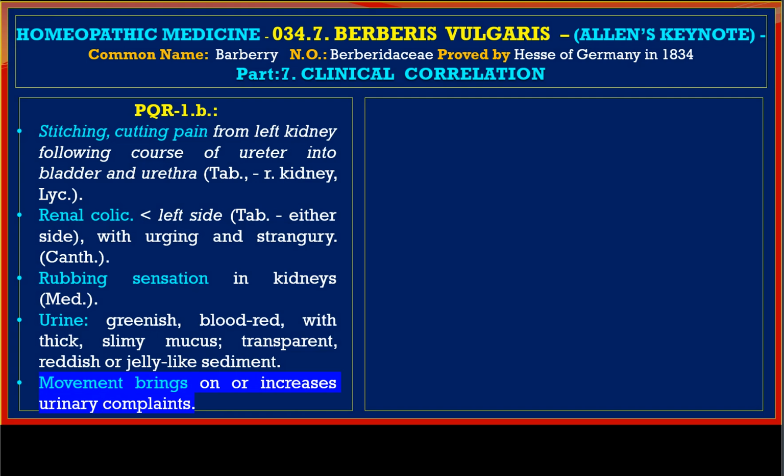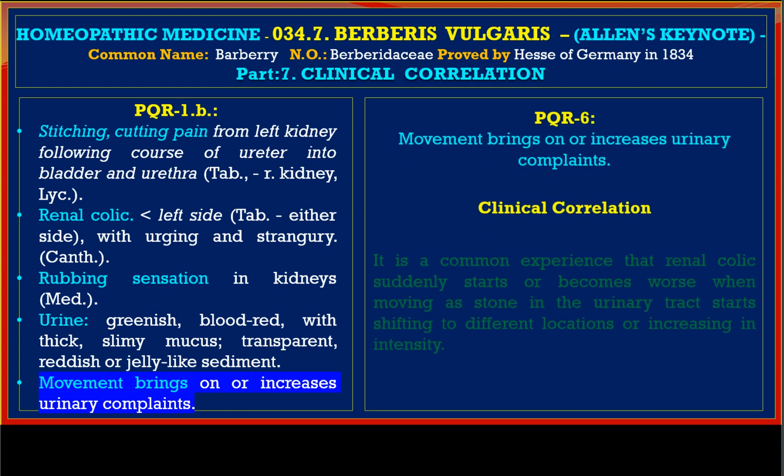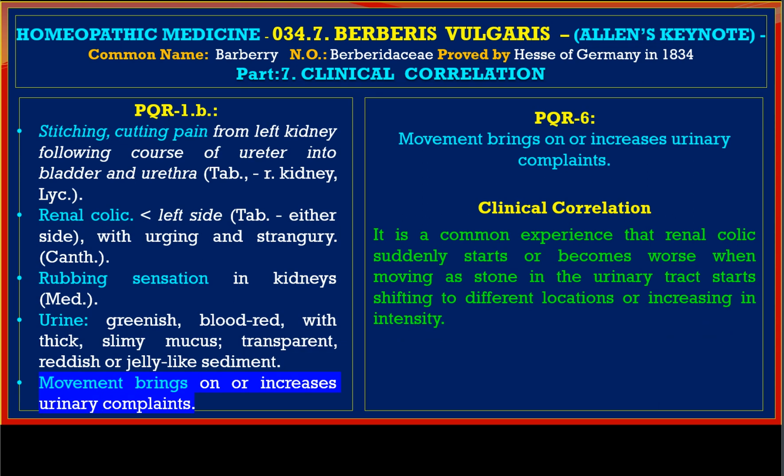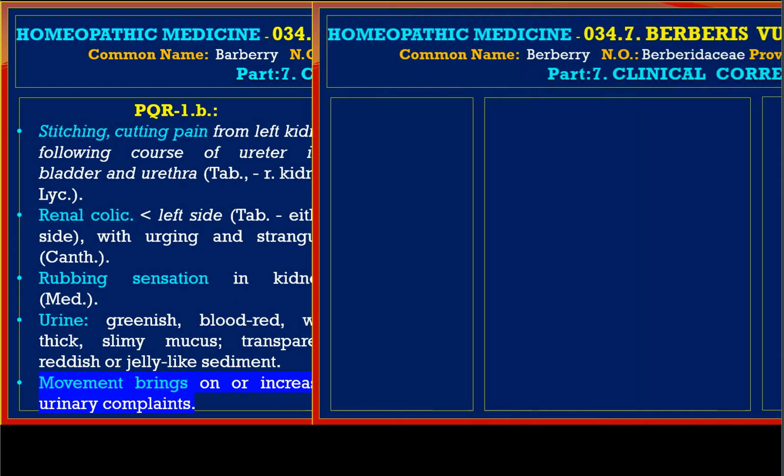And again we go to the PQR1B. Movement brings on or increases the urinary complaint. Please remember, a common experience with people who have renal calculi is that the pain starts suddenly, because whenever they move, like traveling in a bus or somewhere where there are jerky movements, the stone gets dislodged from its position, and as it travels down it shifts and causes severe pain in the region of the kidney or ureter.